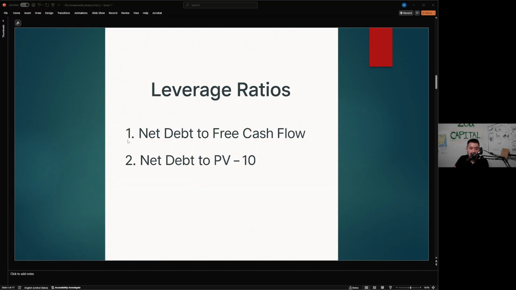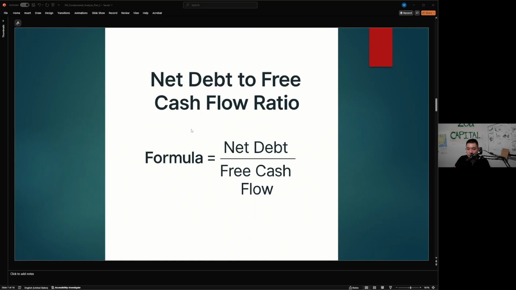For leverage ratios, the 2 main ones to look at are net debt to free cash flow and net debt to PV10. Net debt to free cash flow ratio is a cash generating leverage ratio. It tells you exactly how many years it will take to pay off all the debt the company owes with the money it generates from running its business.